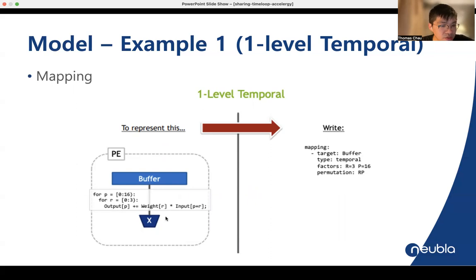So this example shows that at the buffer, there's a mapping of temporal type with permutation order of R equal to 3 and P equal to 16. And the permutation order is from R to P, from the inner loop to the outer loop.